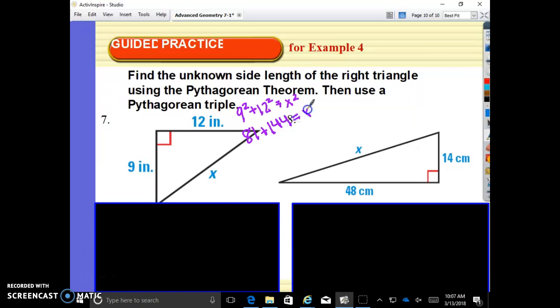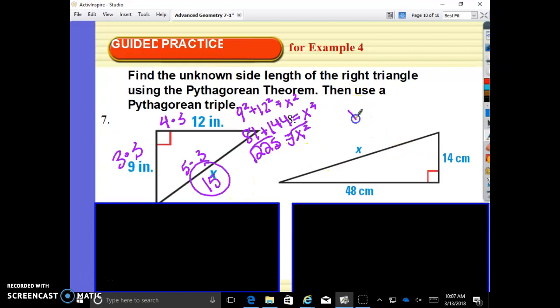Add them together, what do you get? 225. And the square root of 225? 15. This is actually a 3, 4, 5 triangle. 3 times 3, 4 times 3, 5 times 3. So it's a 3, 4, 5 by a multiple of 3.